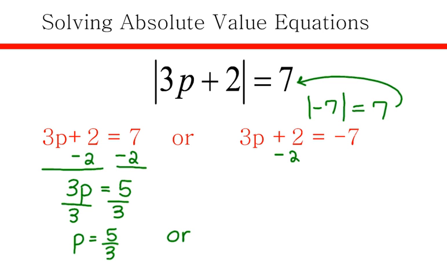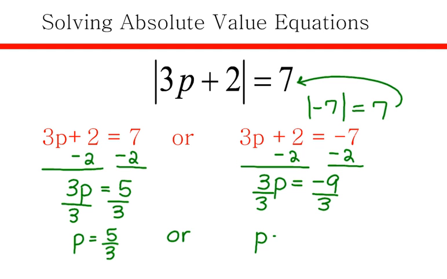If I do the same over here, trying to get p by itself, so I took 2 away from both sides first, and then divide by 3 to get p alone, to get rid of that times 3, we get that p equals negative 3. So there are 2 possible values here that will work. P could be 5/3, or p could be negative 3.